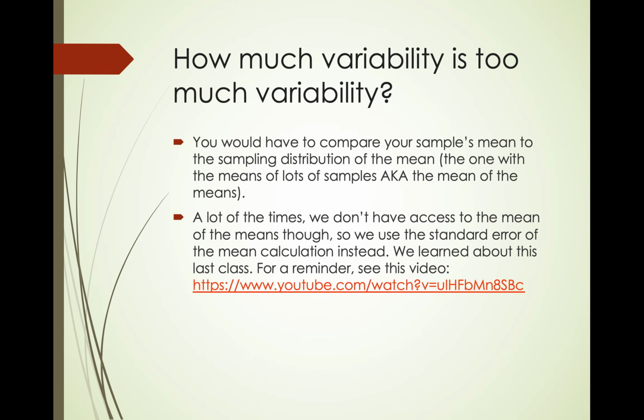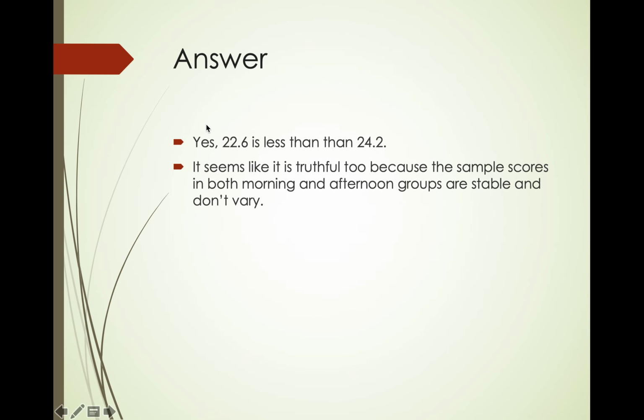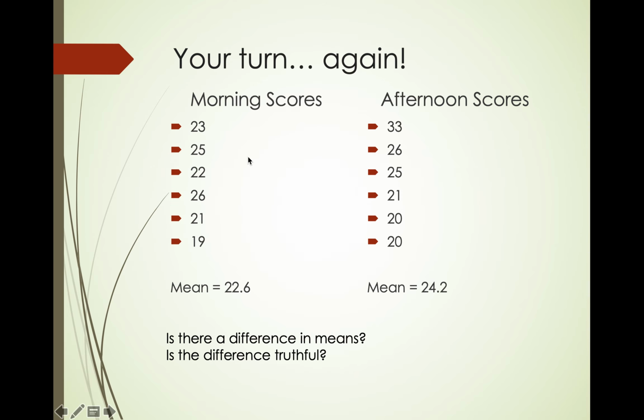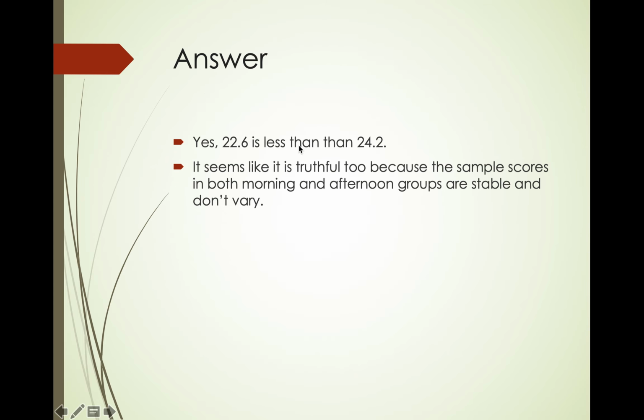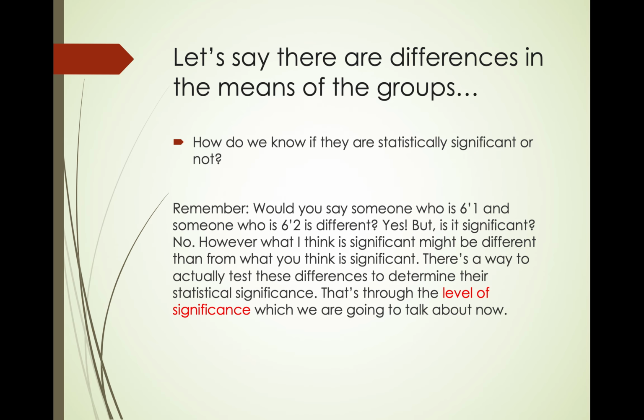Okay, so let's say that there is a difference in the means of the groups. Back here we saw that yes, there was a difference. Those are in fact different. Yes, there are differences, but we just had concerns about their variability. So let's say that there are differences.